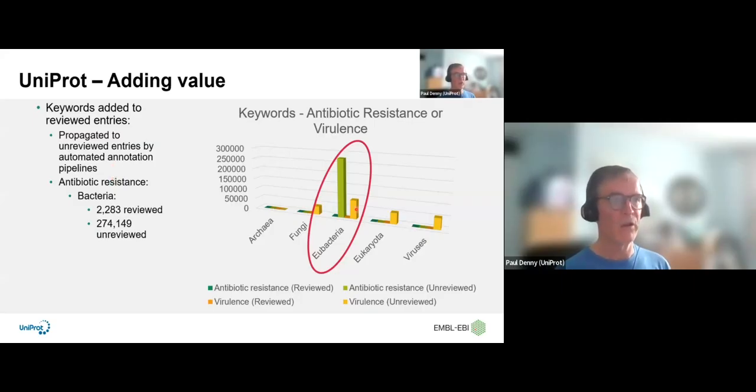And this gives you an idea of the scale across this bar chart here. There are far more unreviewed entries from bacteria, in this light green bar here, which carry a keyword for antibiotic resistance or virulence. The green one is antibiotic resistance and the yellow is virulence.